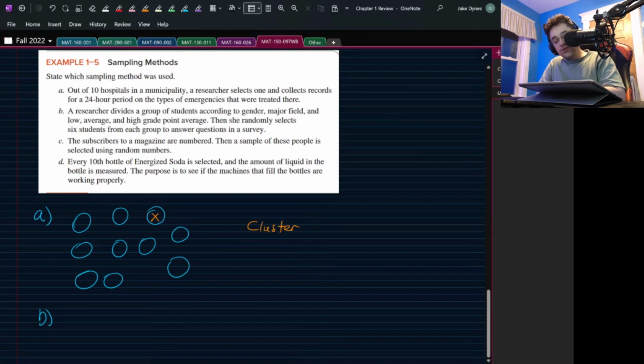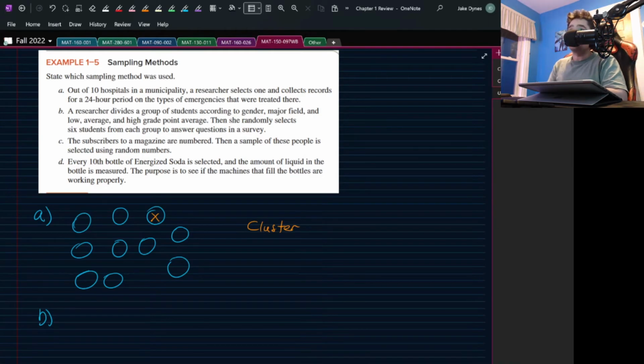So B, a researcher divides a group of students according to gender, major field, and low, average, and high grade point average. This one's a little, I think, bad question actually, because these are overlapping. Then she randomly selects 6 students from each group to answer questions in a survey.